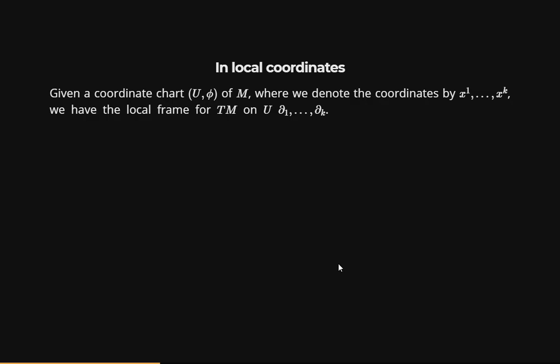Now, in local coordinates, we take a coordinate chart. We take the local coordinates x1, ..., xk, as usual. We have the local frame for the tangent bundle on U, which is partial 1, ..., partial k.